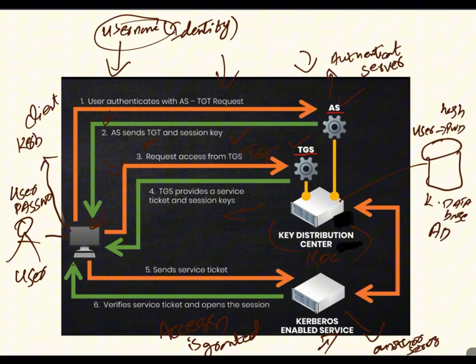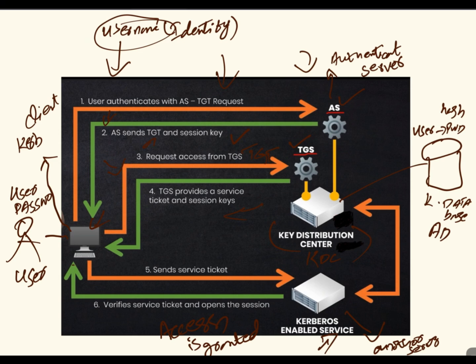So once again, Kerberos is a centralized, ticket-based authentication protocol that provides secure single sign-on, symmetric cryptography, timestamps, and trusted key distribution without passwords. I have repeated this multiple times, that passwords are not transmitted over the network, right?